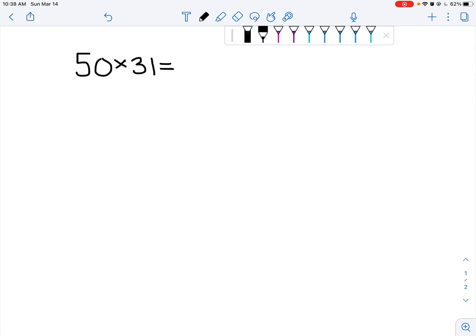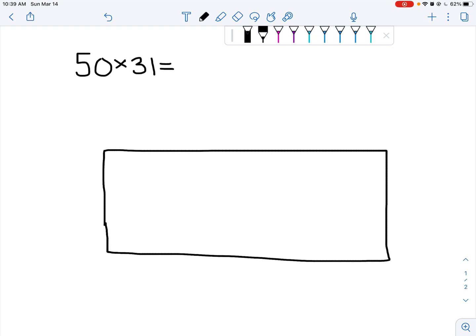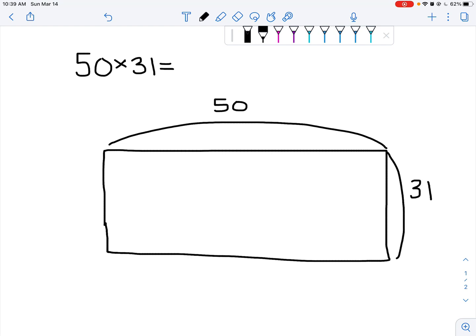Let's take a look at just one more. 50 by 31. So I'm going to turn my rectangle this time and make it long. Will that make a difference? Not really, just for where our labels are going to be, right? So we know that this part is going to be 50. We know that this part is going to be a total of 31, right?